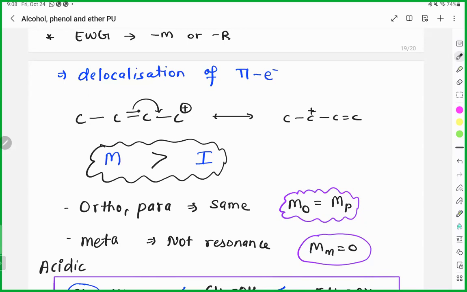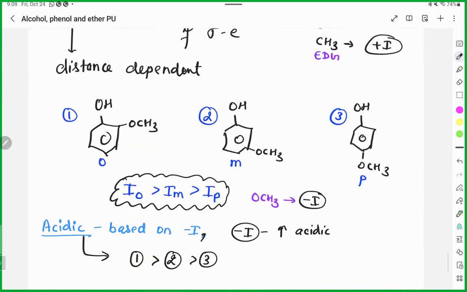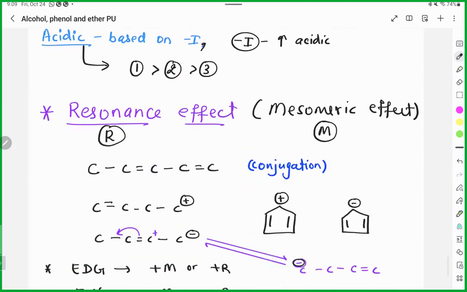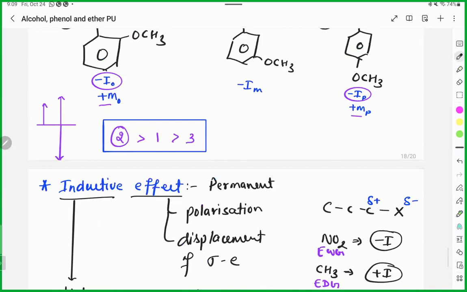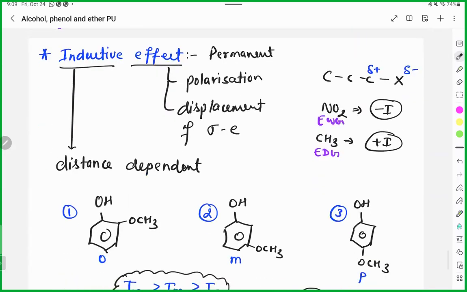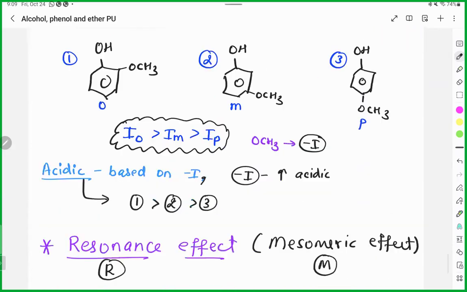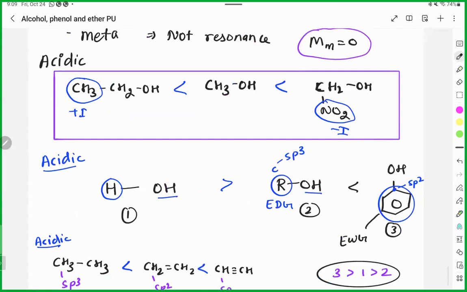We are going to do everything, whether it is acidic character, different concepts, resonance. Actually, I missed the hyperconjugation effect, but there was a reason. If I add too much GOC, then you will feel like, sir, you are teaching us GOC rather than alcohol phenol ether. That's why I try to stop here.